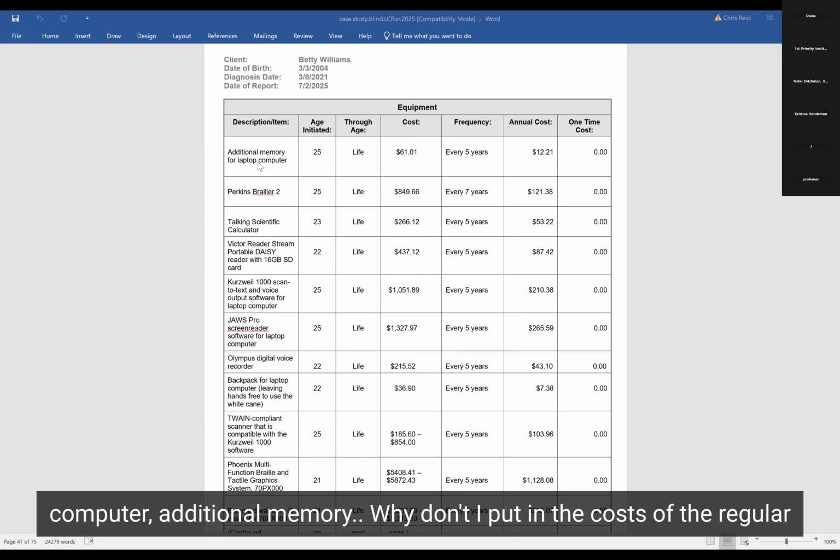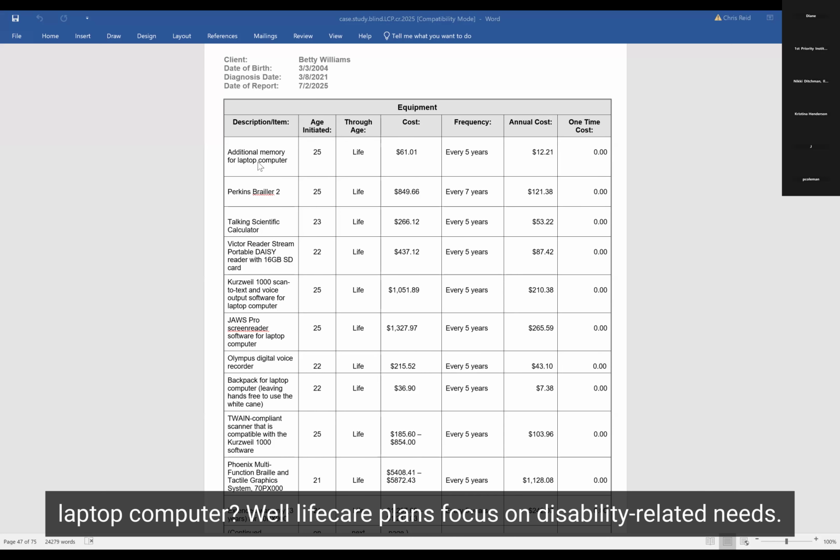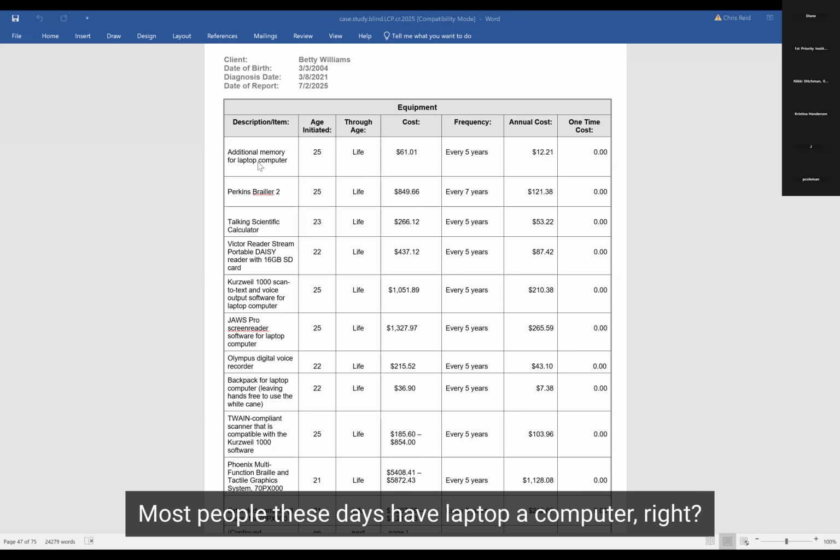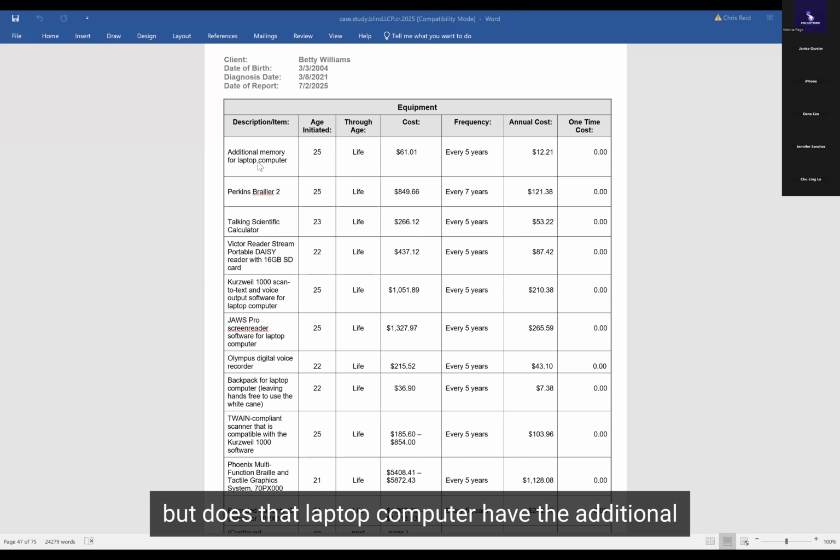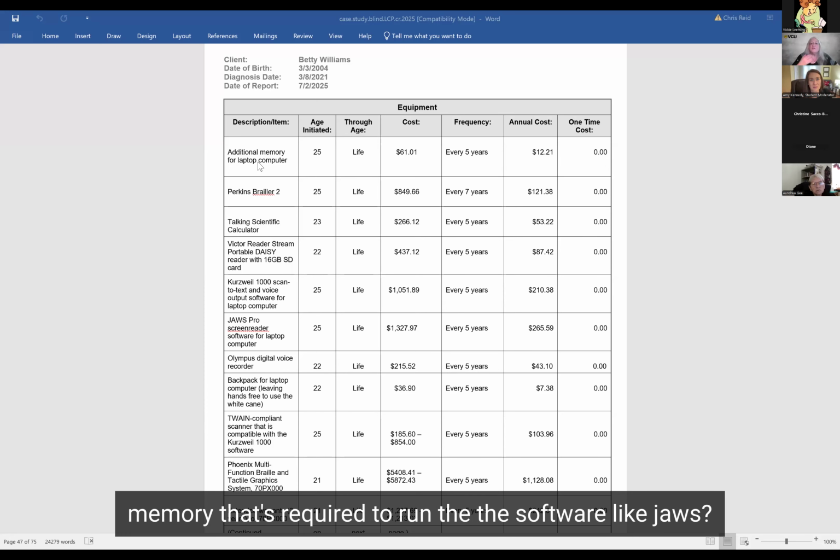Why don't I put in the cost of the regular laptop computer? Well, life care plans focus on disability related needs. Most people these days have a laptop computer, right? But does that laptop computer have the additional memory that's required to run the software like JAWS?